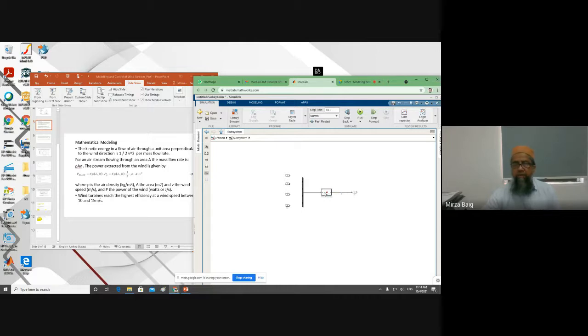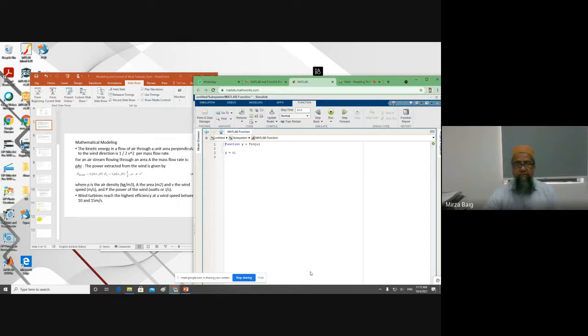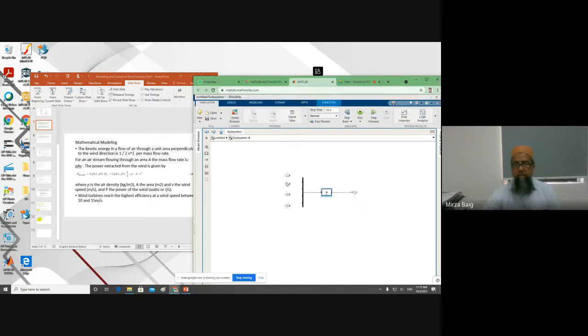All right, so let's define first the inputs. According to the equation, we can say rho, area and velocity. These are the constants that we can get, and Cp we can calculate.